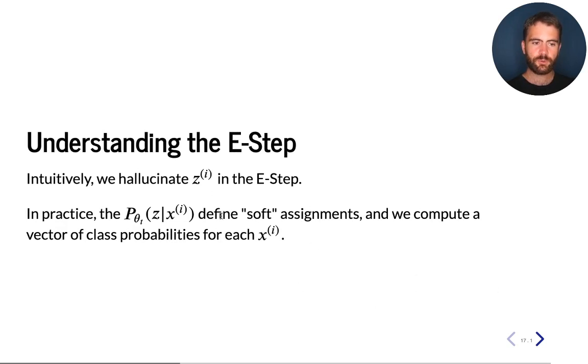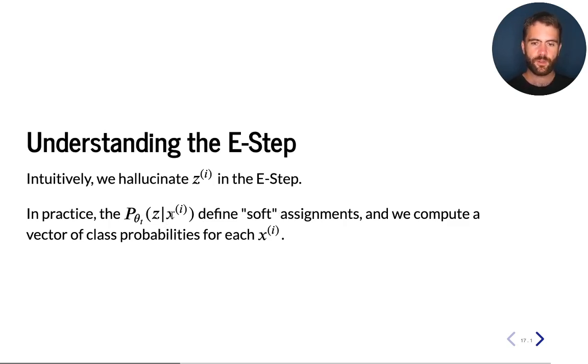So again, I just want to reemphasize that in the E step, I said intuitively that we hallucinate cluster assignments, but given that we have a probabilistic model, we have soft assignments. And so there's not really a single assignment that we should be hallucinating. We should be looking at all the probabilities that are given to us by our model. And so this probability of Z given X defines a set of soft assignments.